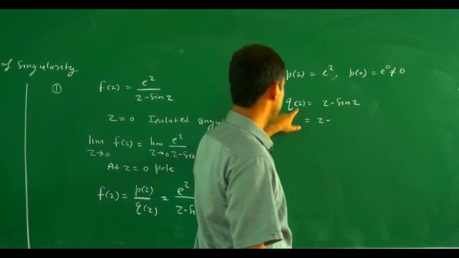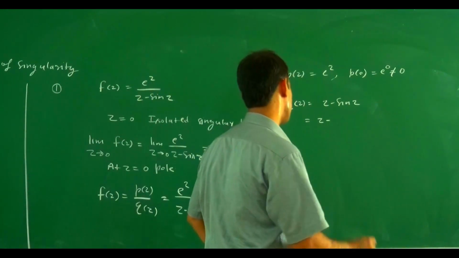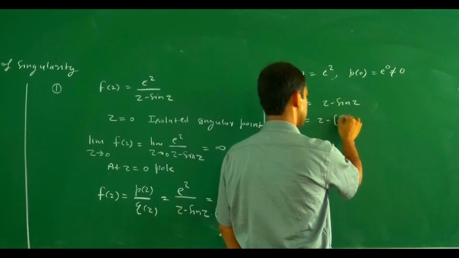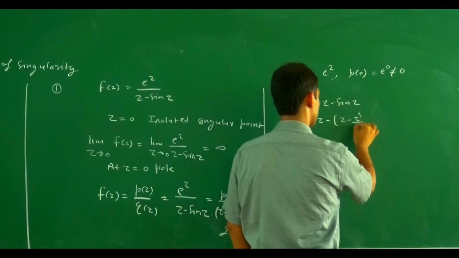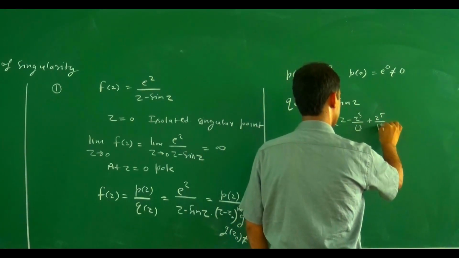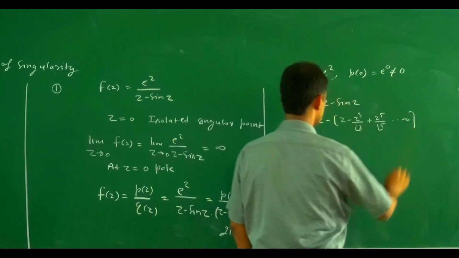Since q(0) is 0, here we write the expansion of sin z. Sin z is z minus z cube upon factorial 3 plus z to the power 5 upon factorial 5, up to an infinite number of terms.